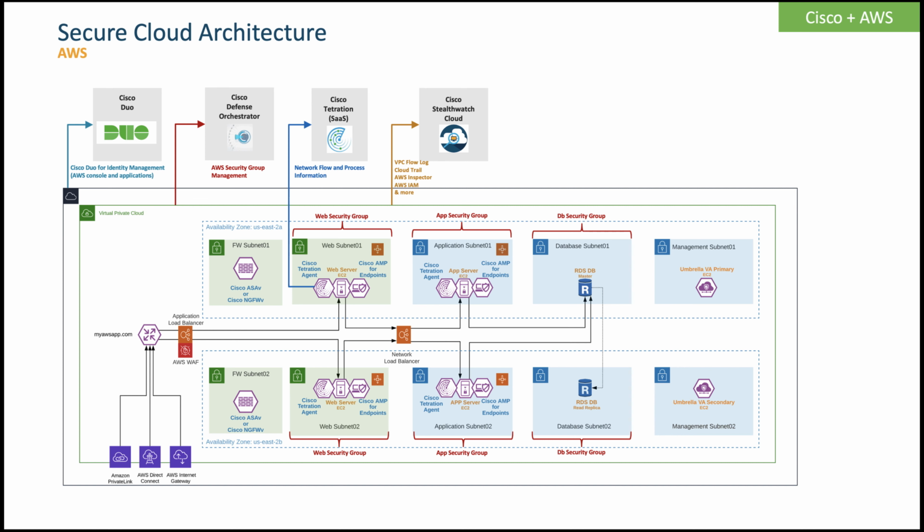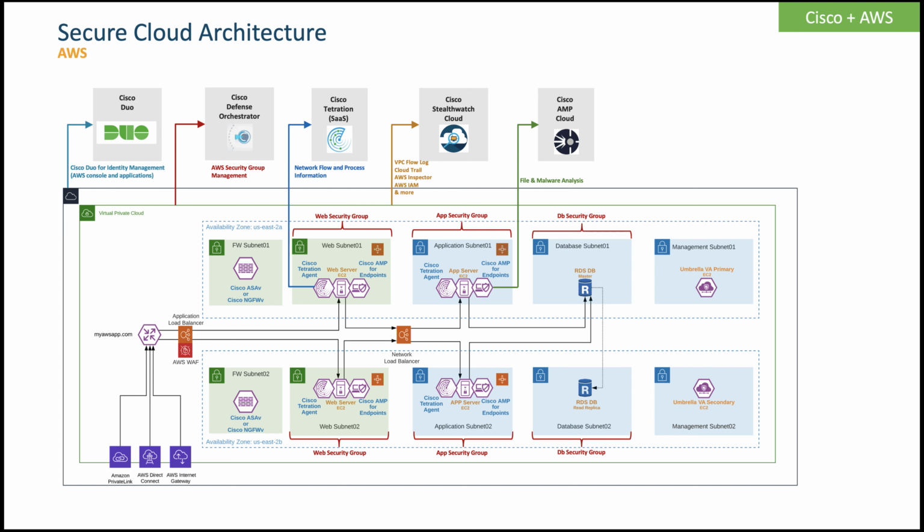So if there is any variation in any item, for example, if you have some kind of key which is stale for some years, that observation can be seen on Stealthwatch Cloud.